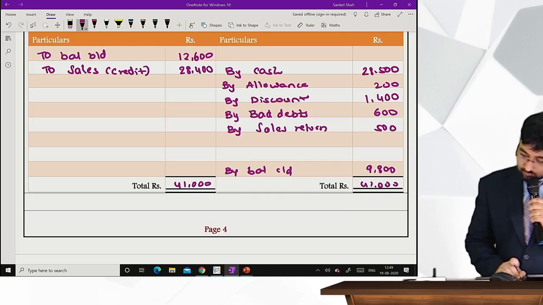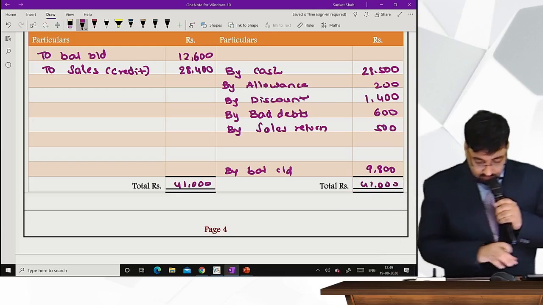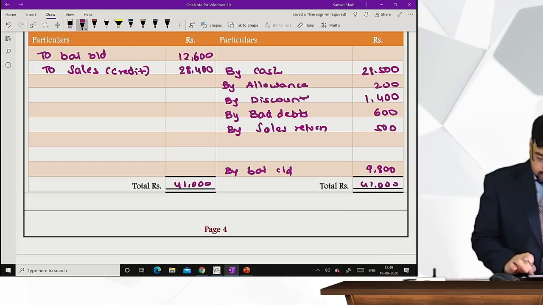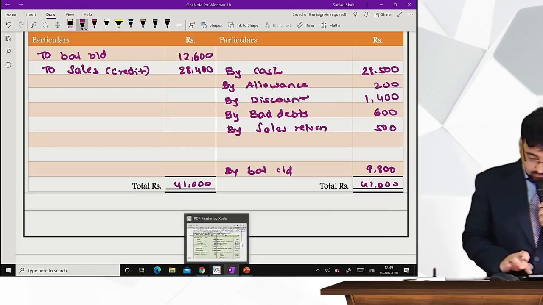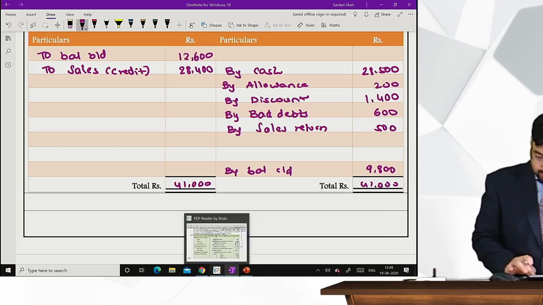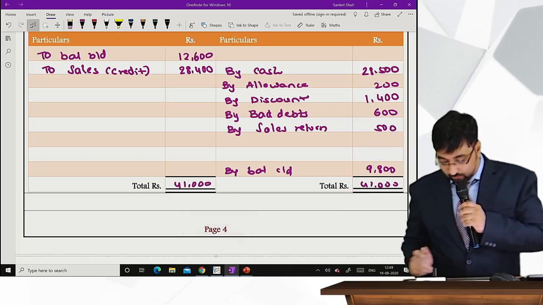No, I'm not getting tallied this. 12,600. What is the tally figure? 41,000. So please check it once again. 0.2, 1.4. Okay, it's tallying at 41,000.